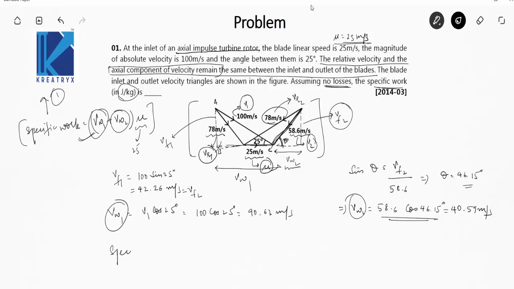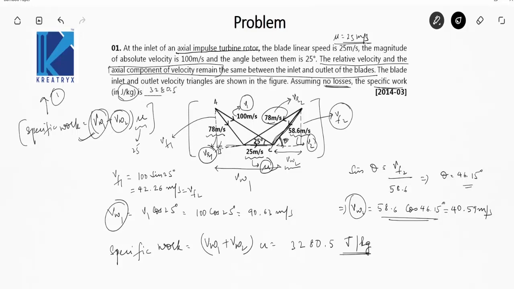So specific work is equal to (vw1 plus vw2) into u, put the values, you will get the answer as 3280.5 joule per kg. Take care of the units. Before filling the answer here, always check the units in which you have been asked the answer. So the answer will be 3280.5.